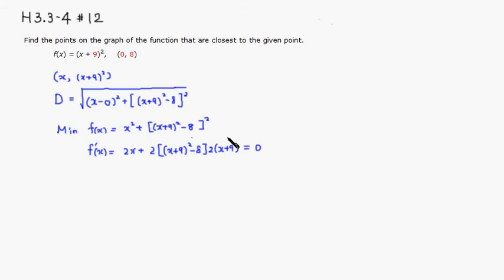And solving this equation is fairly difficult, so I'm going to use GeoGebra, cheat a little bit.